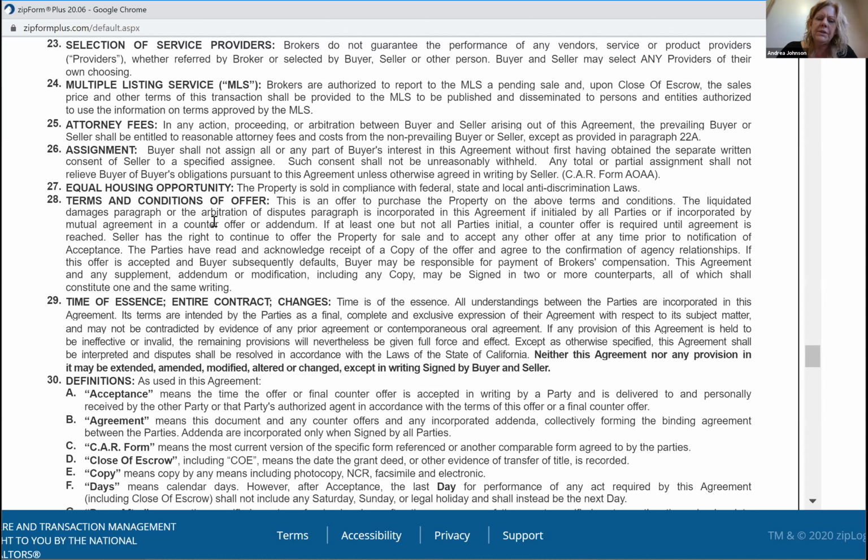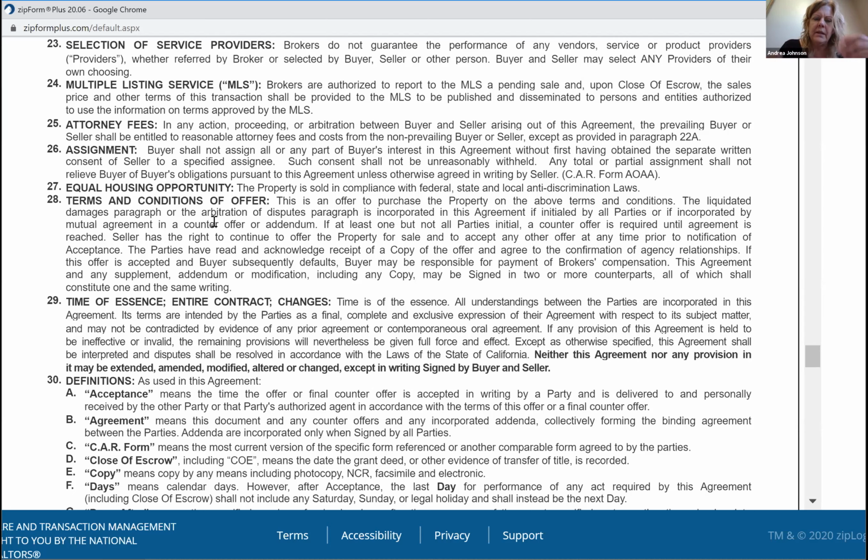So buyer shall not assign all or any part of buyer's interest in this agreement without first having obtained the separate written consent of the seller to a specified assignee. Now, in that scenario, if the seller doesn't mind the person who's actually on the contract pocketing $30,000 of their money and agrees to let them assign it to whomever, who's going to close on it at 330 instead of 300, then if they have written agreement, it can happen.